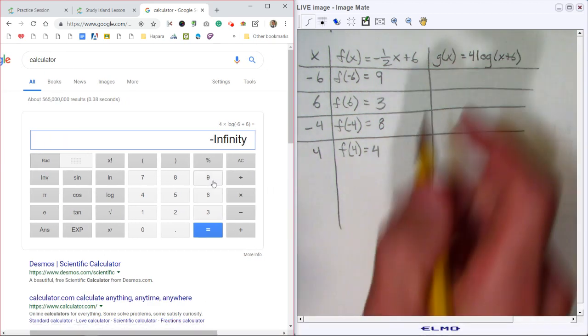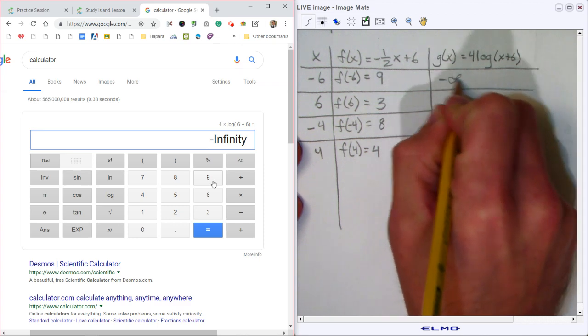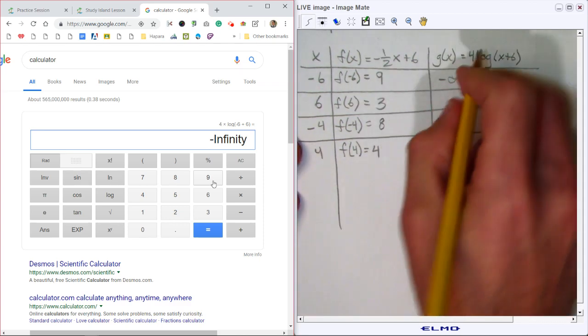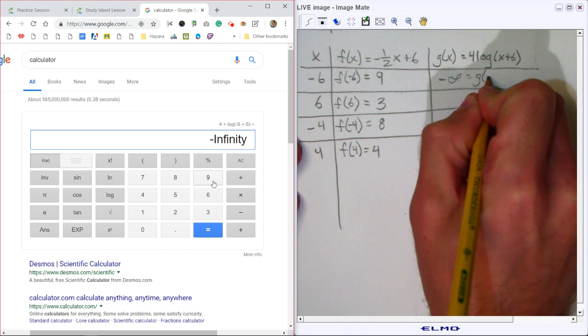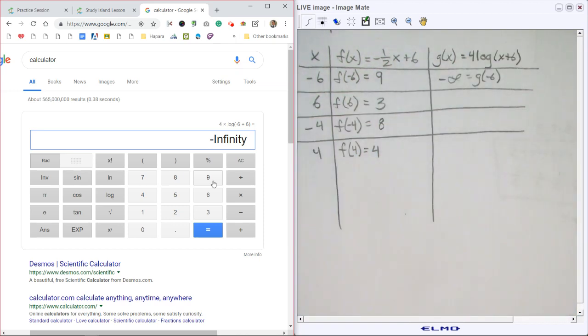Okay, next. We have 4 times log of 12, because we have 6 plus 6.